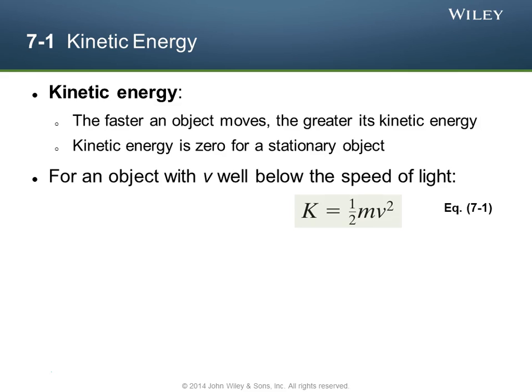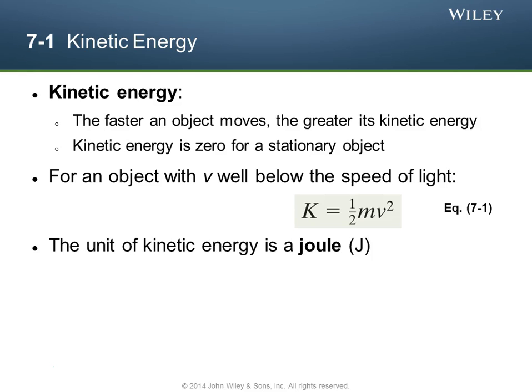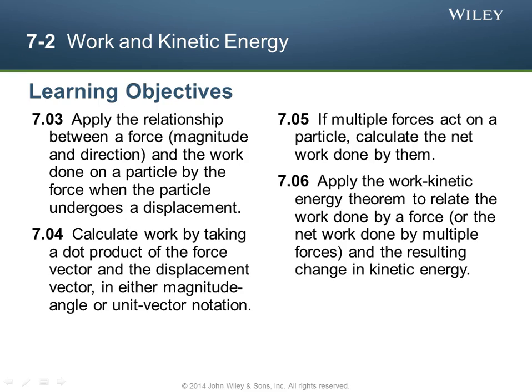Well, we're going to shorten things to just use K as the representation of our kinetic energy. And remember, there is no vector sign here because it's not a vector, it is a scalar quantity. And the unit of kinetic energy is a joule, and we know that 1 joule is 1 kilogram meter squared per second squared.